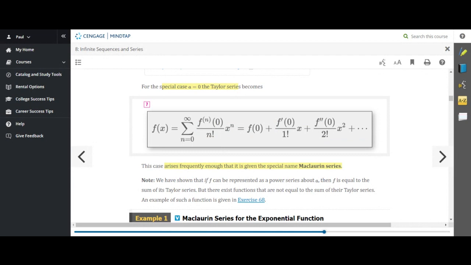It arises frequently. A lot of times we want our Taylor series to be centered about a equals 0, but it won't always be. But when it is, we call that a Maclaurin series. We call that kind of power series a Maclaurin power series.